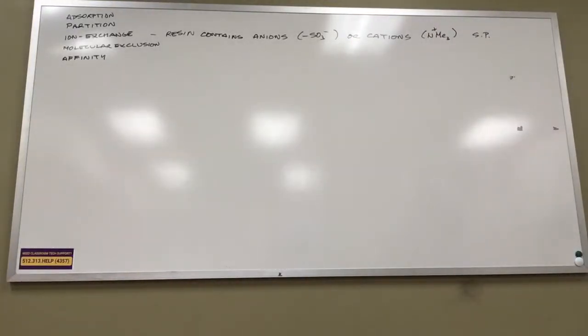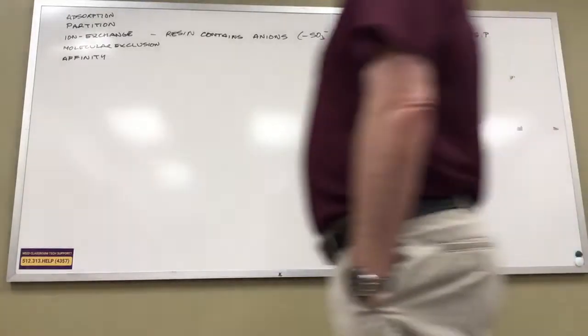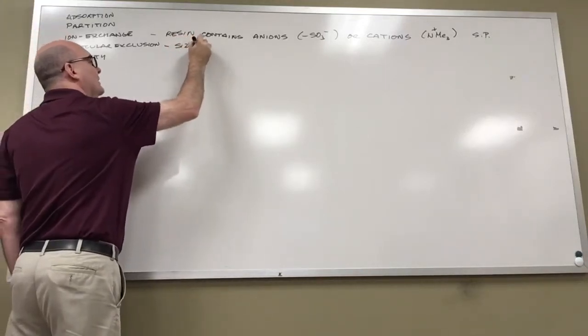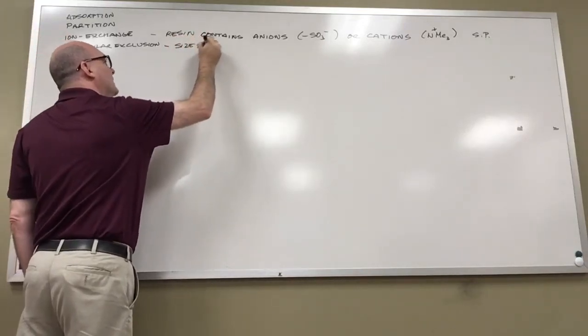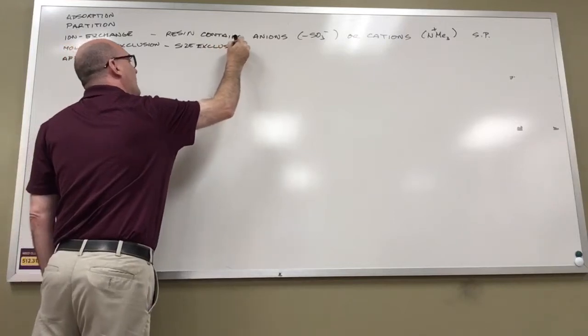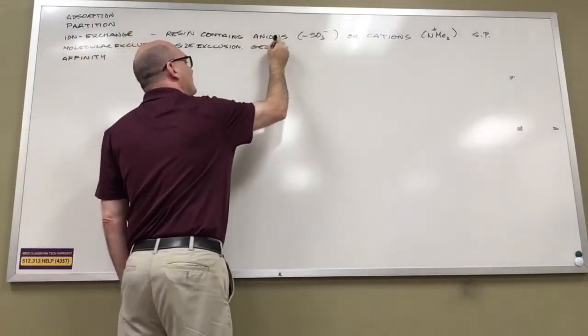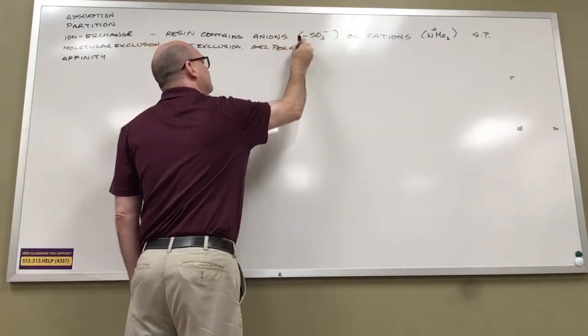Then this last one. This one's a tiny bit counterintuitive. We're going to call this molecular exclusion. It goes by a couple of other different names. I see the biochemists mostly calling this size exclusion. Its twist on this one is called gel permeation.